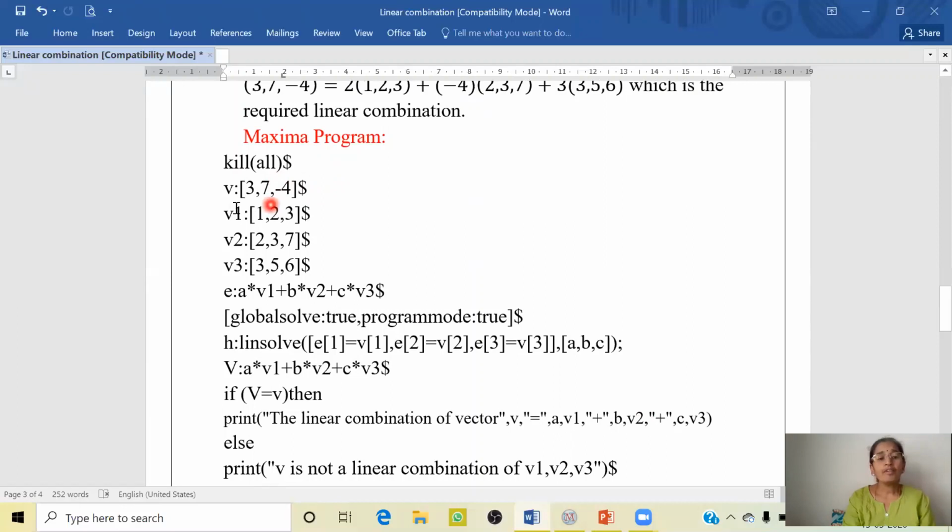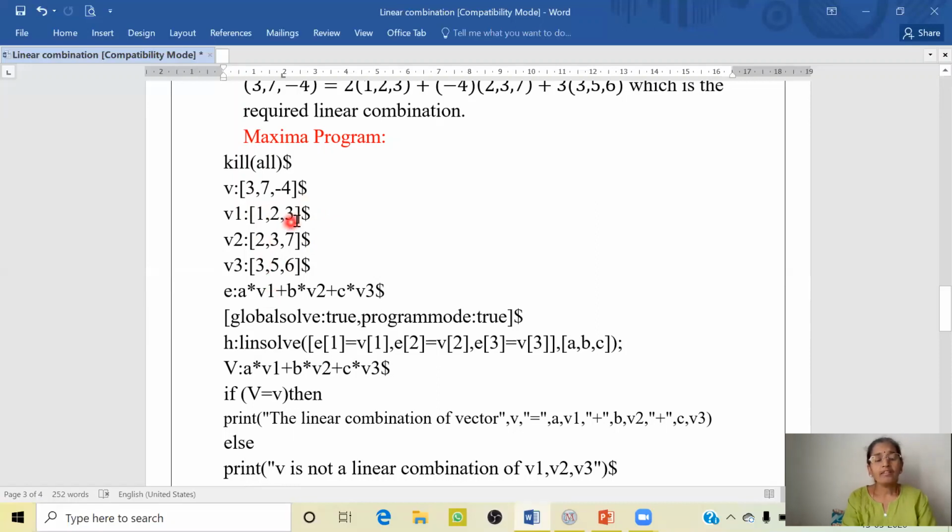Next, let us substitute V, the required vector, to be expressed as a linear combination of V1, V2, V3. When we want to put the vectors in the Maxima code, we need to write them within square brackets along with commas in between.